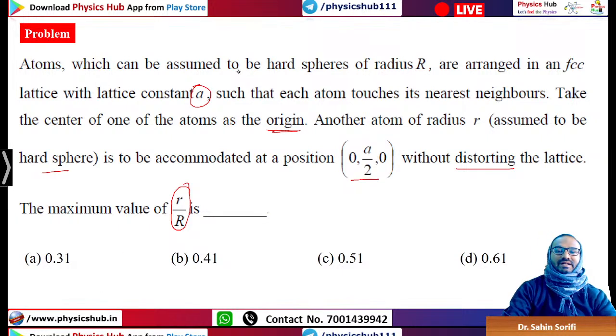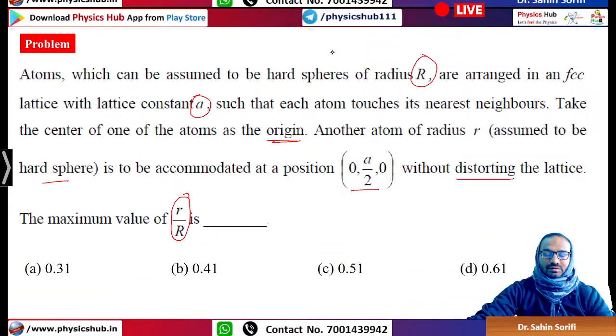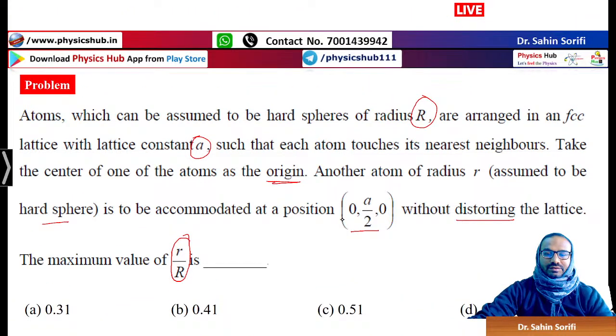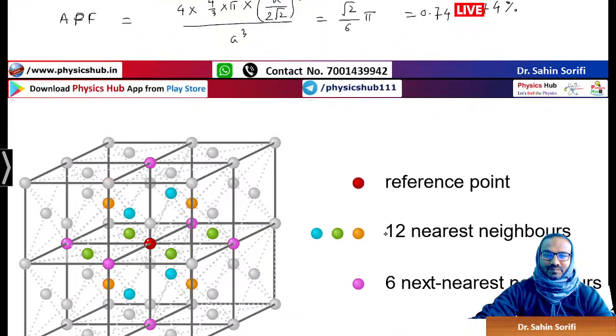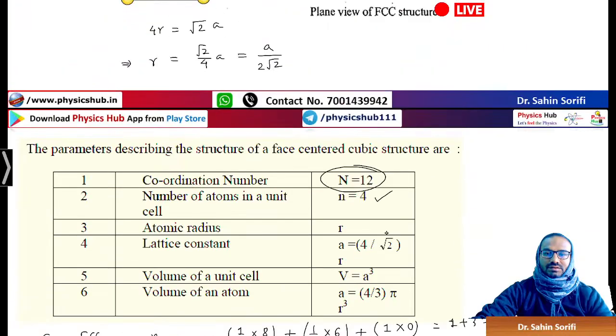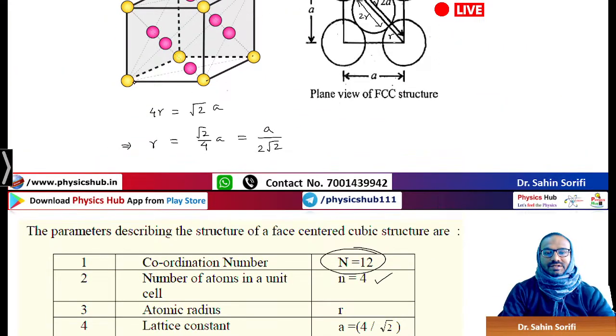So here the atomic radius is given to be capital R. What is it actually telling you? You have to accommodate a new atom of radius small r at 0, a by 2, 0. If you consider this to be 0 0 0, this is a 0 0.